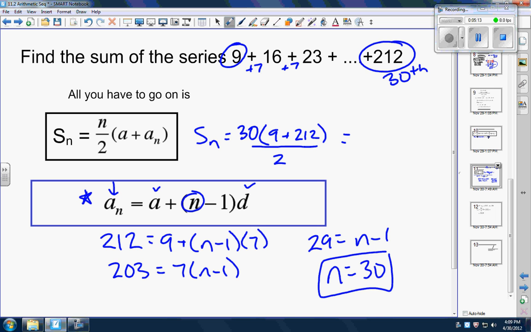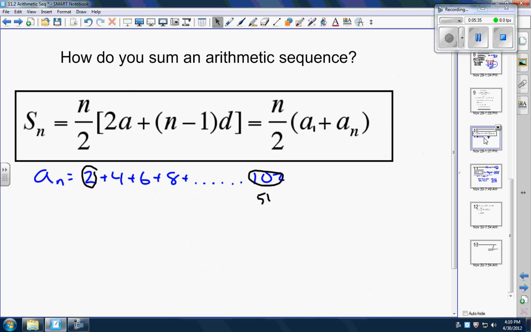And if you grab your calculator, the sum comes out to 3315. Okay, you could use the other formula as well, but you run into the same problem in that you need the n there.